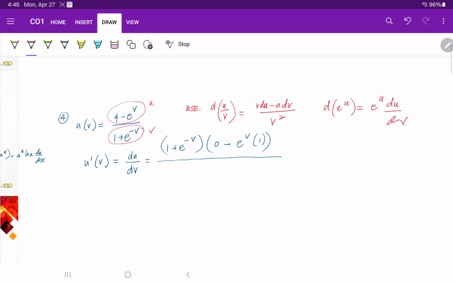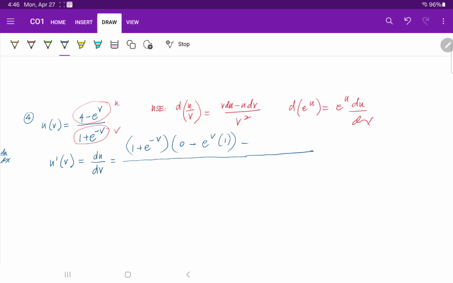Then minus u, which is 4 minus e to the v, times the derivative of the denominator. It's 0 plus e to the negative v times the derivative of negative v, which is negative 1, over 1 plus e to the negative v squared.